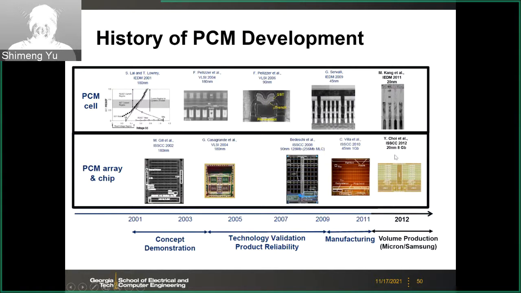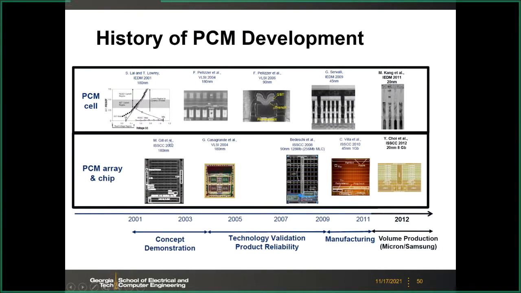And in the following year, Samsung reported the 8 gigabit phase change memory chip, scaling from 180 nanometer down to 20 nanometer from the early 2000s to 2010.